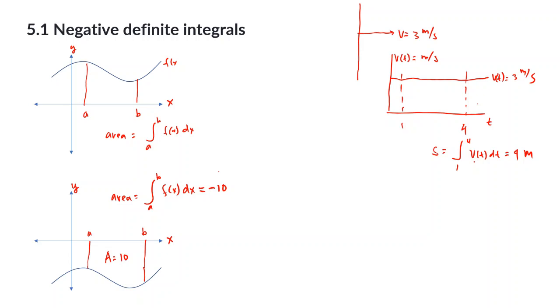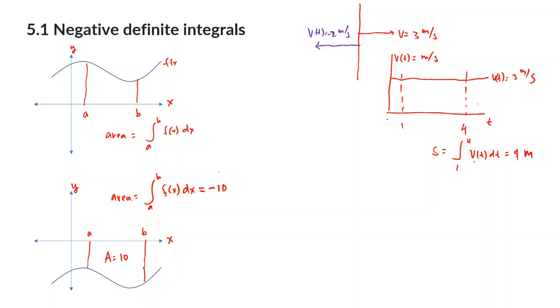To understand what the area under the curve below the y equal to 0 axis means, let's say we have a negative velocity. For example, here we have v(t) equal to negative 2 meter per second.